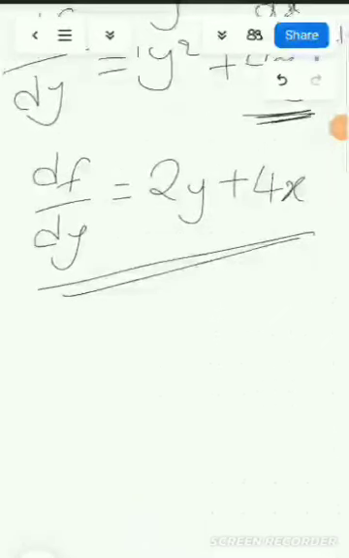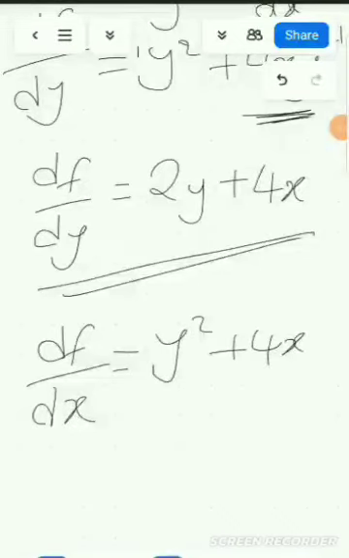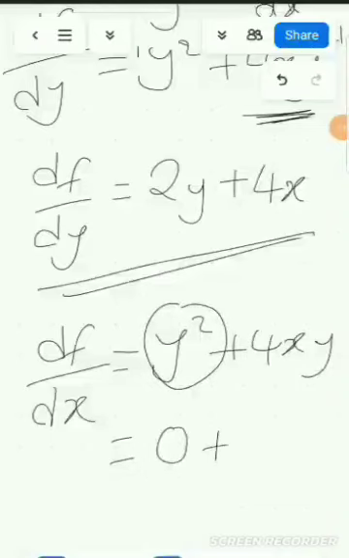Now how about with respect to x? So we are going to say df over dx. We are targeting x in this case. So how do we do it? Do we have an x here? We don't. So it is 0 plus, do we have x here?